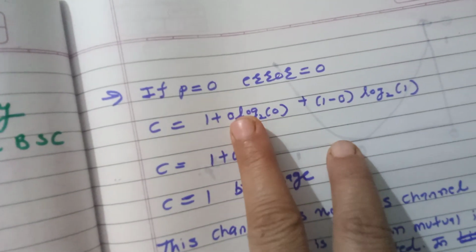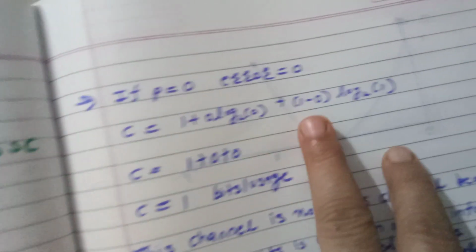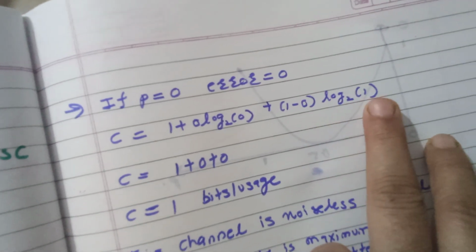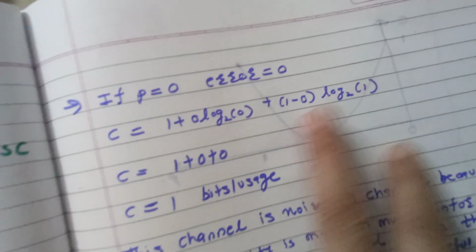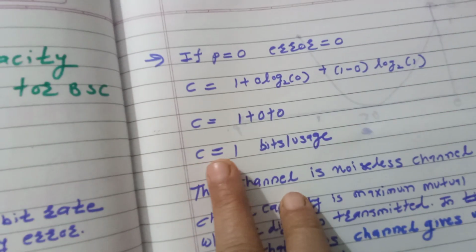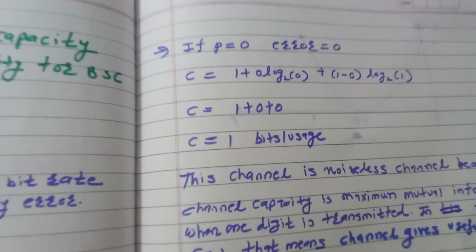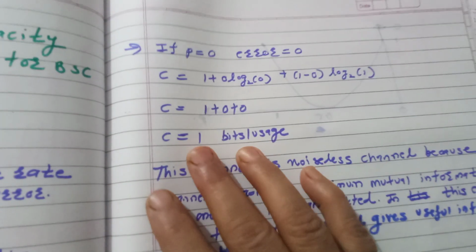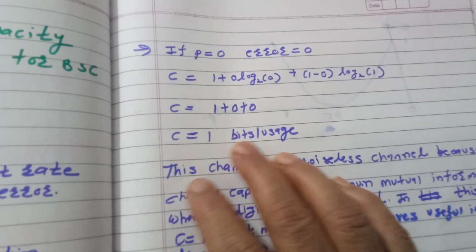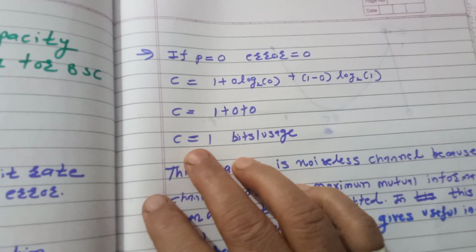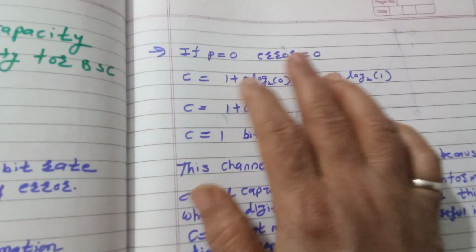So 0 log 0, multiplied by 0, is 0, and log2 of 1 minus 0, that is log2 of 1, is also 0. So in that case capacity we are getting as 1 bit per usage. That means this capacity is maximum when P equal to 0.